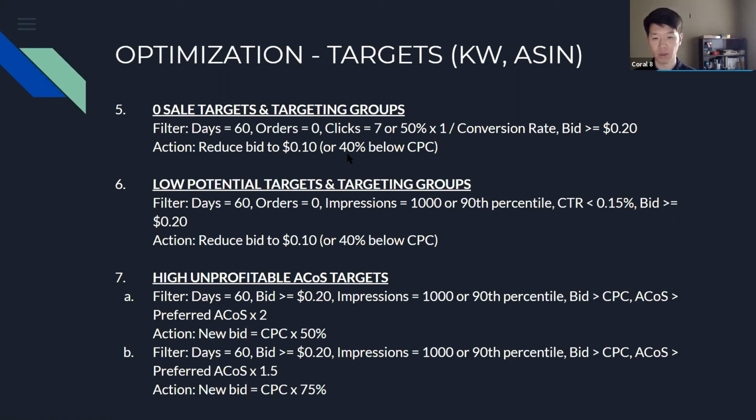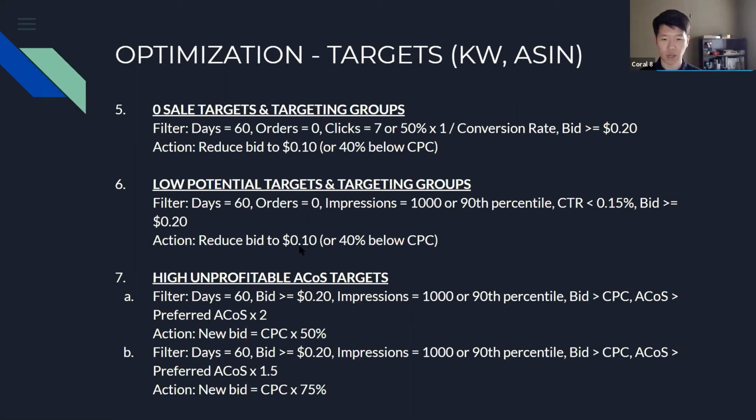Or if you want to be more sophisticated, you could take the CPC value and reduce it by 40%. This also applies to targeting groups. Targeting groups are what automatic campaigns have: the close match, loose match, complements, and substitutes. So these are the set of actions that apply to keywords, product targets, as well as targeting groups.